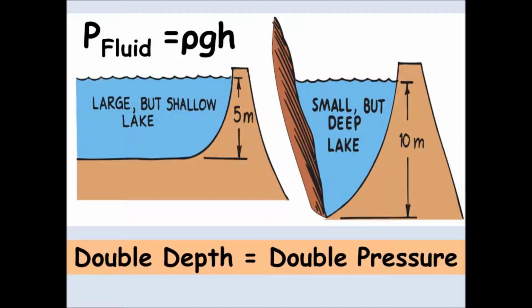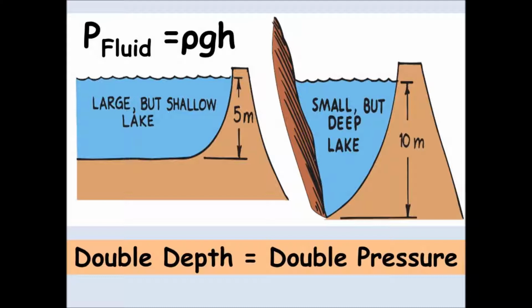Again, if I have a large body of water or a small body of water, the pressure is rho g h, and that is simply the density of the material, i.e. water or mercury, etc., times the height or the depth of the fluid times the acceleration due to gravity.